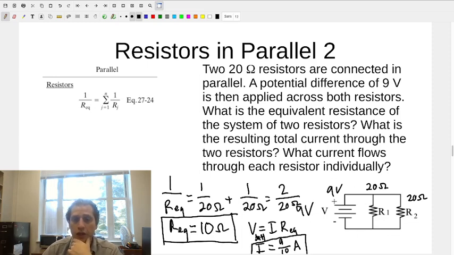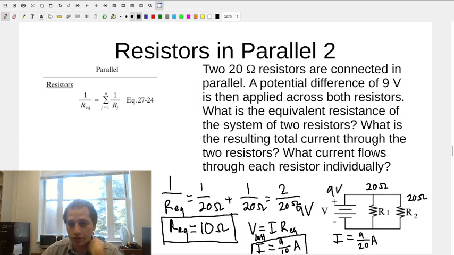On the other hand, if it asks what current flows through each individual resistor, well, you would just use your V equals IR, where you know the V across each one, you know the R of each one individually. So in that case, I for each individual resistor would be 9 over 20 amps. Now, what's the relationship?